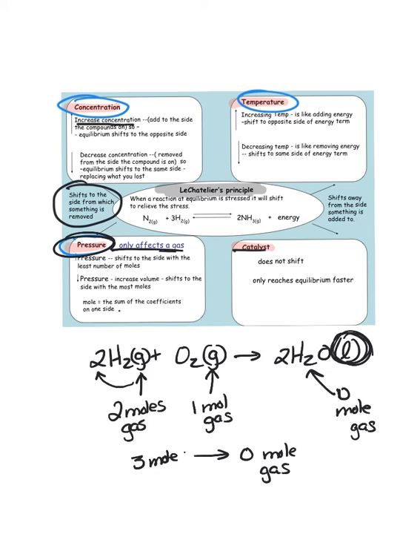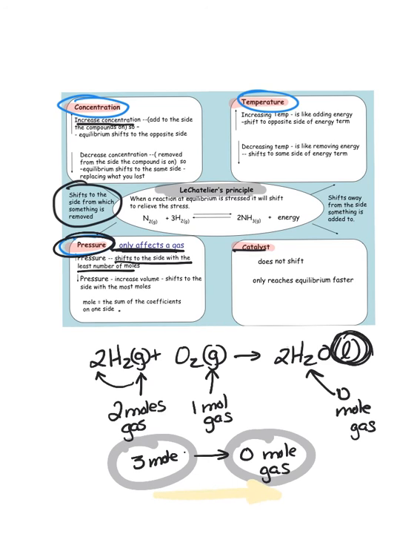Anytime you are dealing with pressure and you want to know which way the equilibrium is going to shift if you affect pressure, you're going to shift to the side with the fewer number of moles. This side has 0 moles, this side has 3 moles, so I'm going to shift to the right because I shift towards the side with fewer moles of gas.